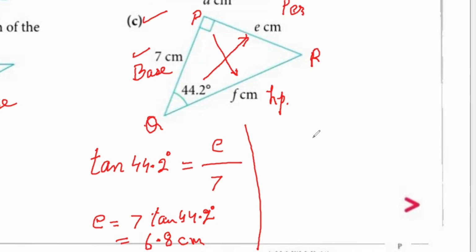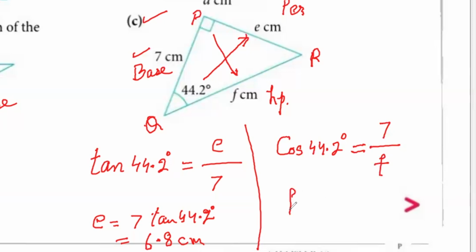Now, I am using a trigonometric ratio. So, I am using cosine ratio. I could also solve this with the Pythagoras, but I am using cosine of 44.2 degree. Cosine is the ratio between base over hypotenuse. Keep in your mind, the base comes in the numerator and the hypotenuse comes in the denominator like this.